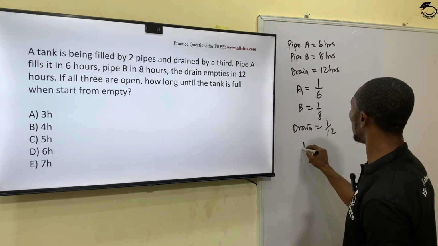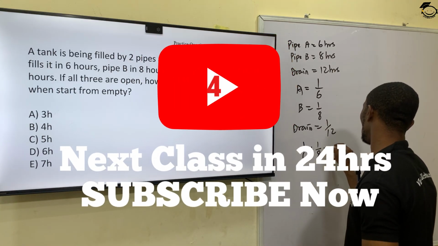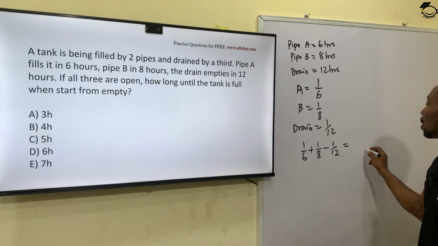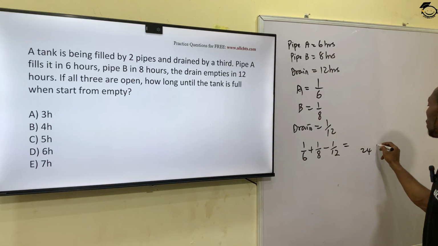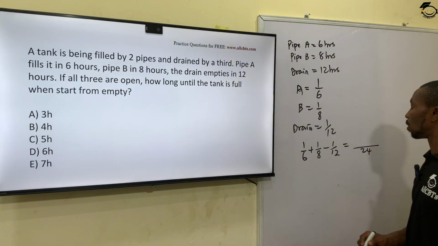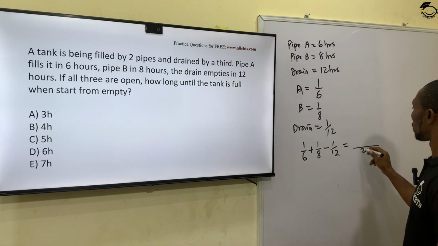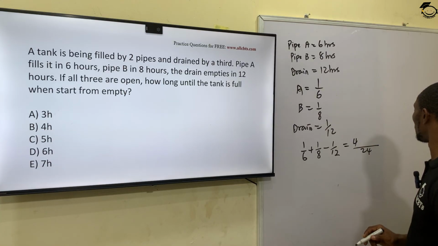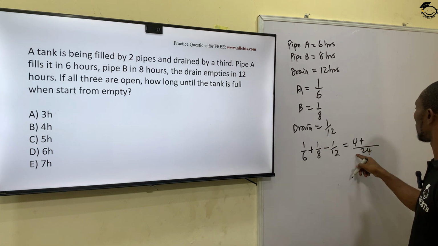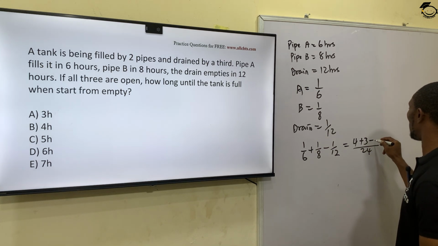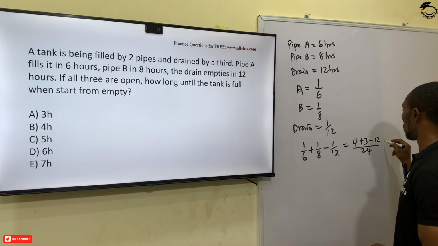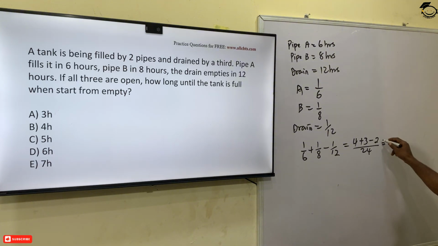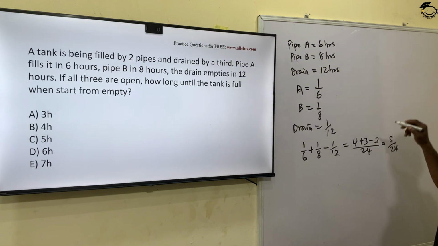So this would be 1 over 6 plus 1 over 8 minus 1 over 12. Having this, our common LCM here will be 24. 6 into 24 gives us 4, plus 8 into 24 gives 3, minus 12 into 24 gives 2, which will be 7 minus 2, 5 over 24.